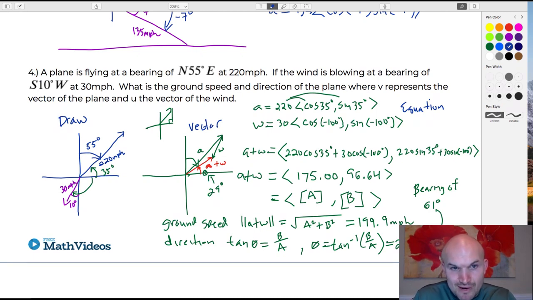This one's asking for the ground speed, which is basically the resultant speed of the airplane, as well as the direction. So once I knew that, I knew I needed to figure out the resultant vector of the airplane plus the wind. To do that, I added the two vectors together. I found their magnitude by using the formula, and then I found their direction, again using the formula, but I used the direction as a bearing, not in standard form. So hopefully that helps elaborate a little bit for you, because it is a difficult problem.